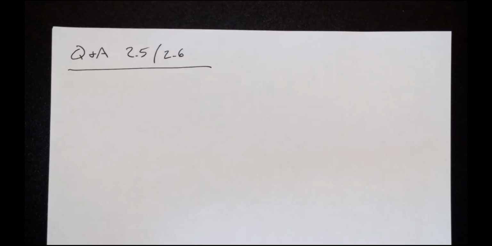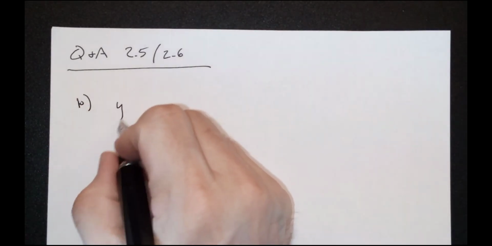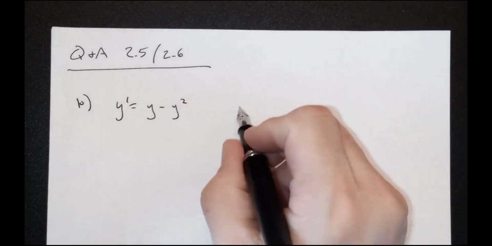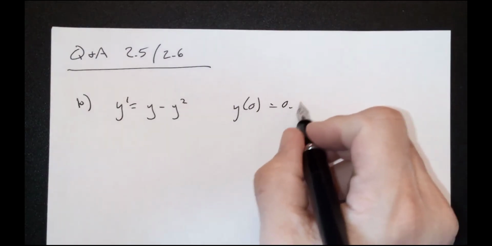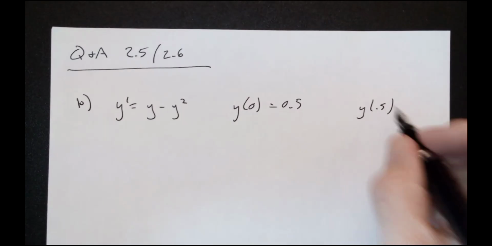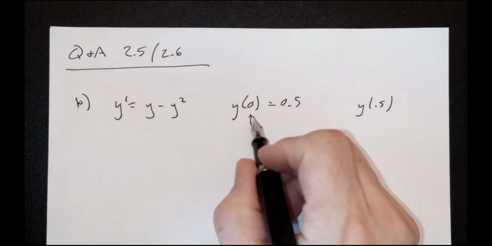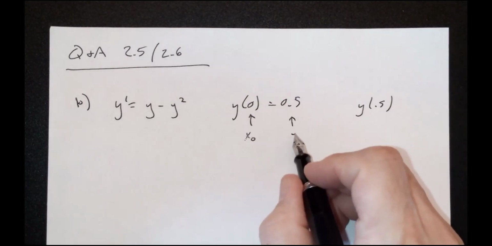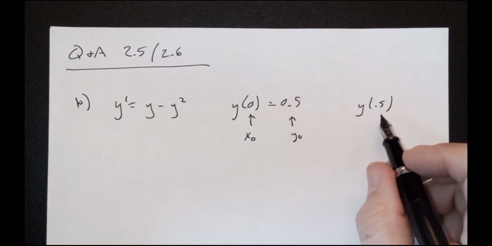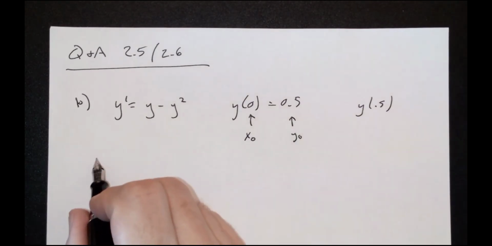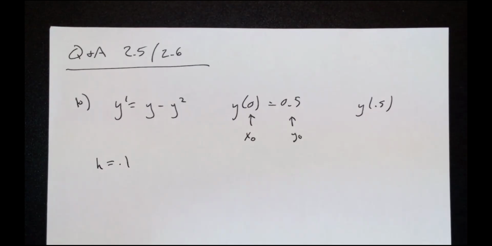We did about number 10 on 2.6, I believe. So that was the one with the y and the y squared, right? Yeah. That's what we're asked for. So that's our x0, that's our y0, and that's where we want to get. And it says that I should use a step size of 0.1.